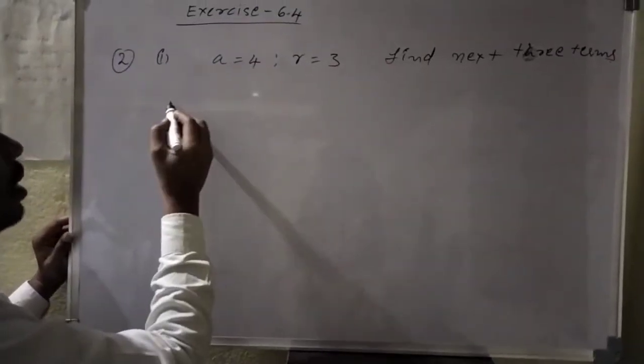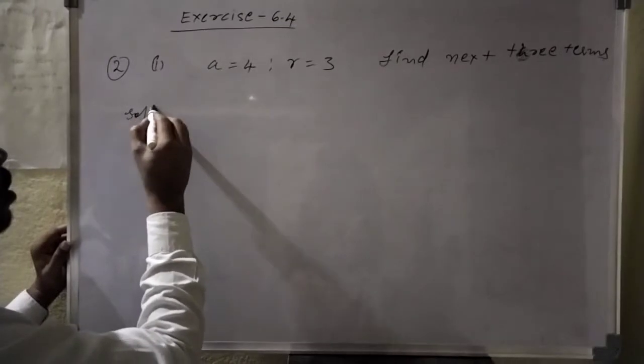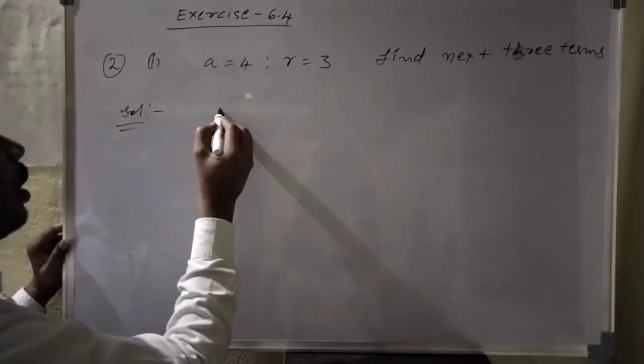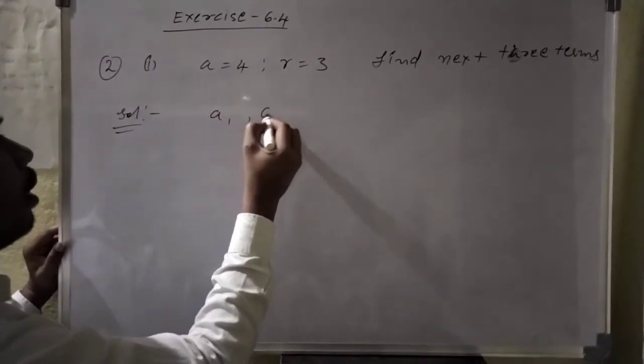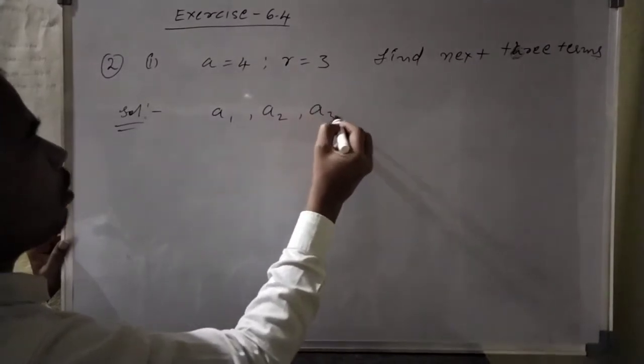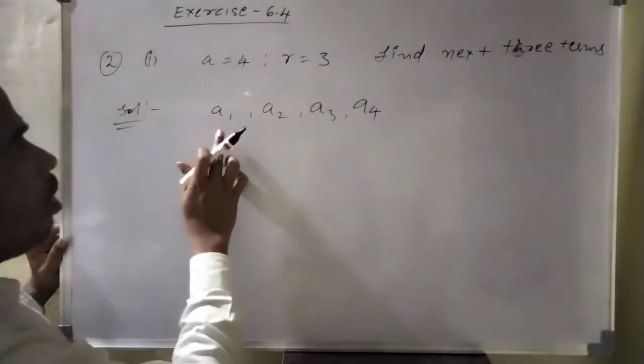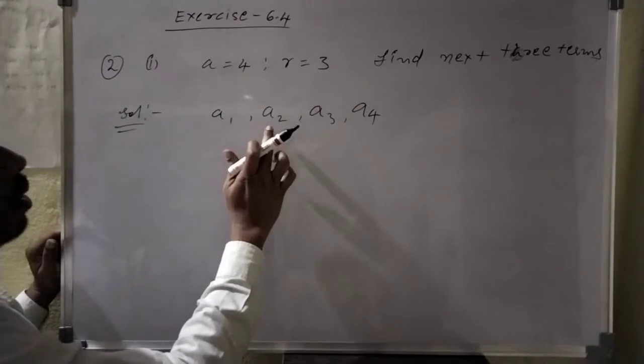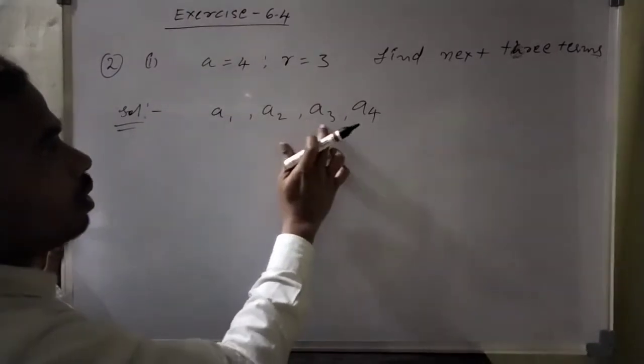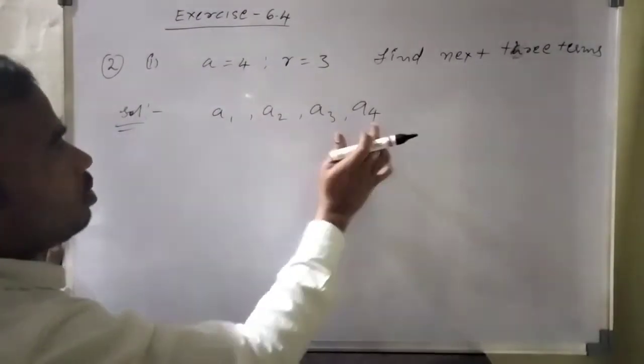So next 3 terms means a1, a2, a3, a4. a1 is already given, so the next terms a2, a3, a4 are the values we are finding.